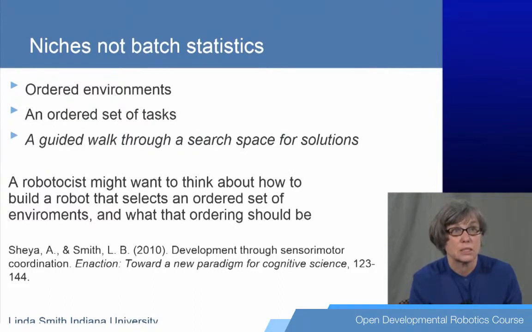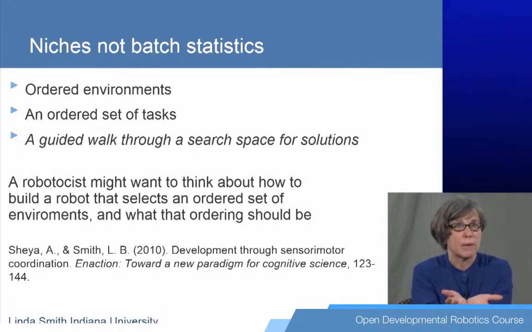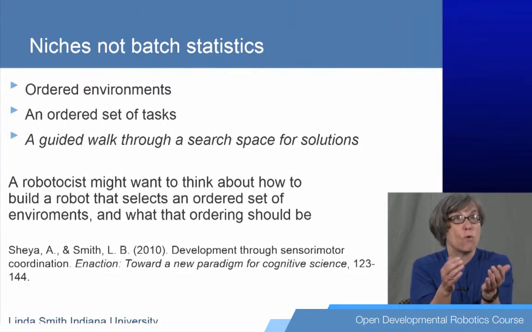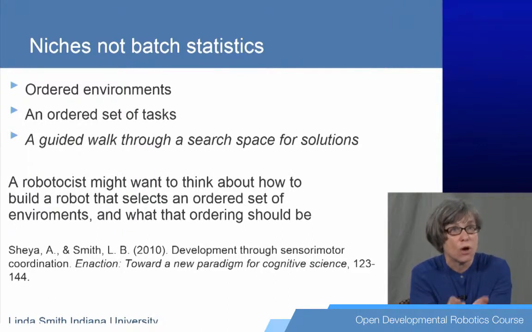So a roboticist might want to think about how to build a robot that selects an ordered set of environments, that structures the data in time, and think about what that ordering ought to be. Why should newborn infant babies sit in little seats and mostly look at the world, building a lot of visual statistics, before they actually start to reach for objects and manipulate them, before they get up and walk across the room, okay?